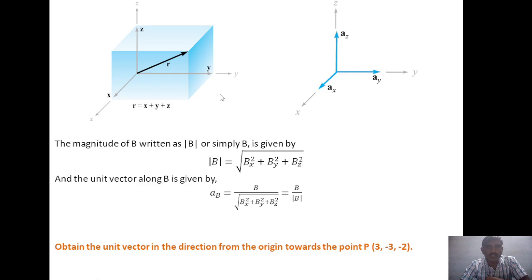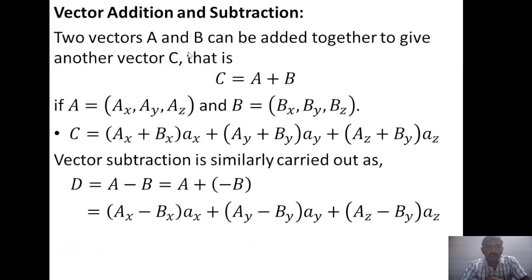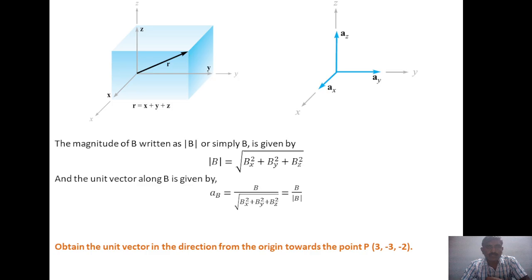Here you see an example for the unit vector. Here a vector is specified at a point. The distance from the origin is the vector r. The point is located at a distance of bx in the x direction, by in the y direction, bz in the z direction in this plane. So look here: ax, ay, az.